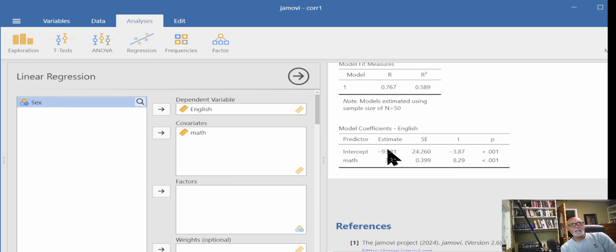This intercept tells us the value of y when x is 0. So we have this negative 93.81. If we had a 0 math score, this is what we would estimate our English score to be. And for every unit of movement in math, we will have a 3-point movement in English.